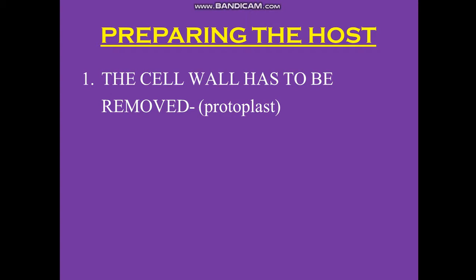So, what we need is to remove the cell wall by dissolving it using enzymes and then prepare the protoplast for receiving the recombinant DNA. Okay, so this preparation is a must.